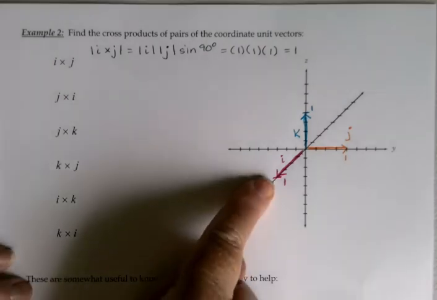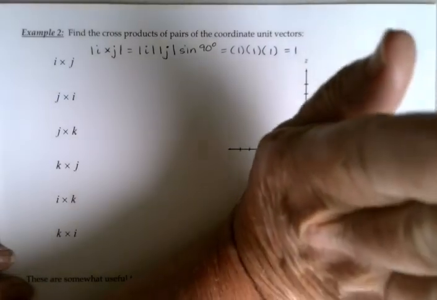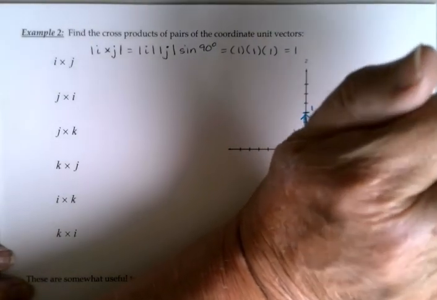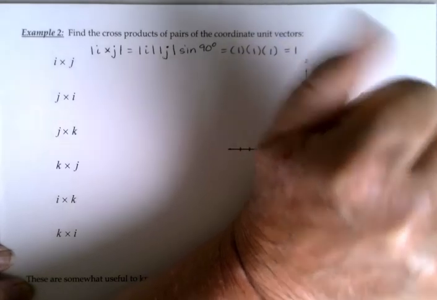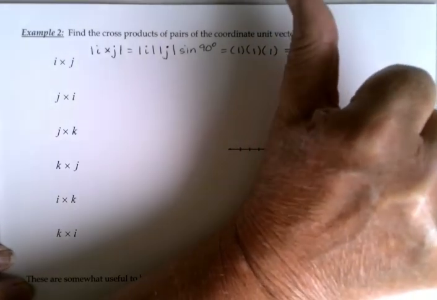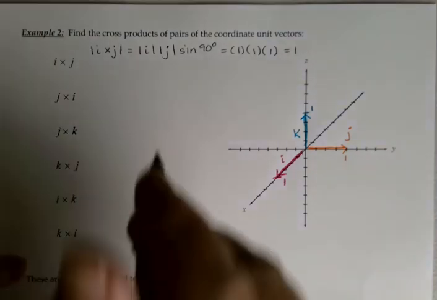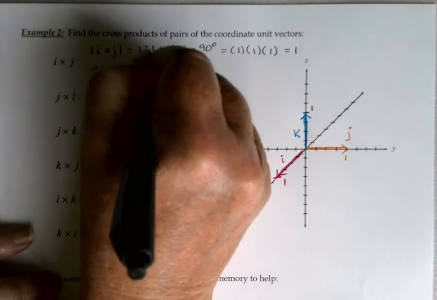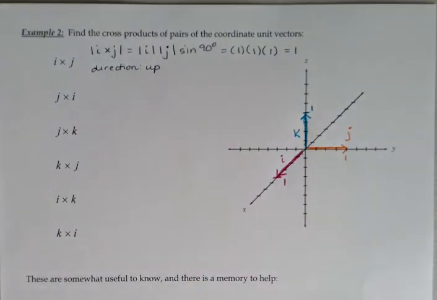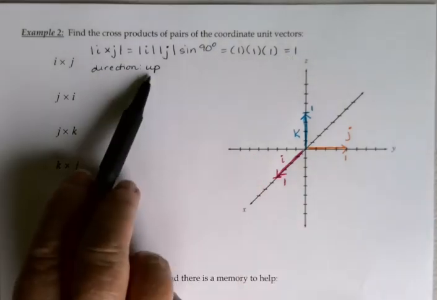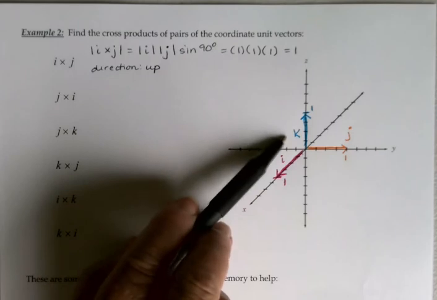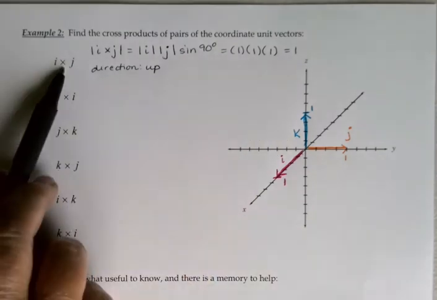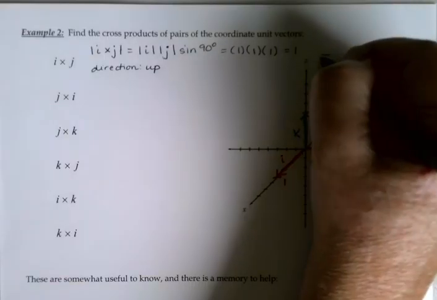It's not going to look like I'm putting my hand along I because I is coming out of the paper, so I'm just going to imagine putting my hand straight up, curling my fingers towards the y-axis, J. My thumb's going to point up. So the direction is up. Well, what's the name of a vector of length 1 that points straight up? Isn't that just K?